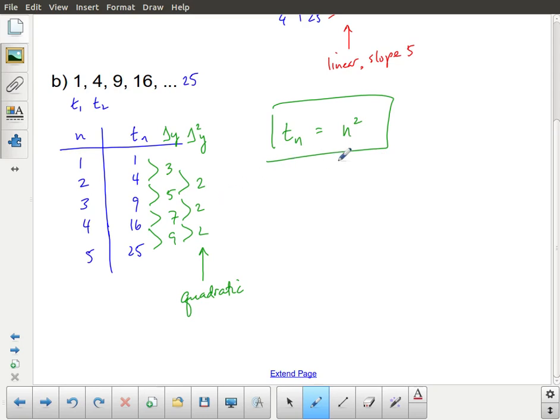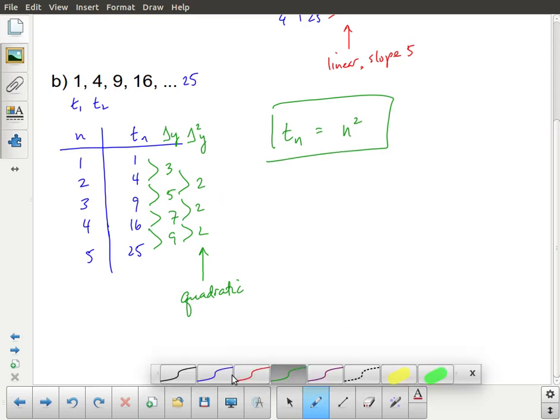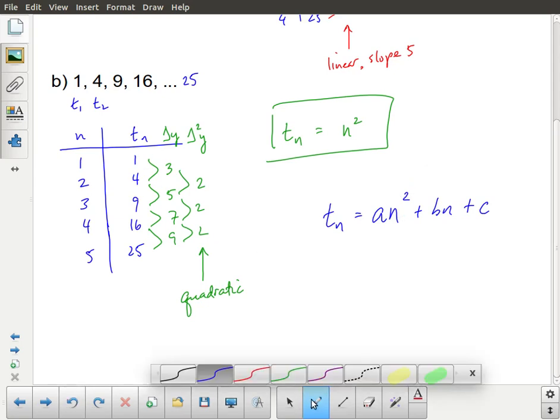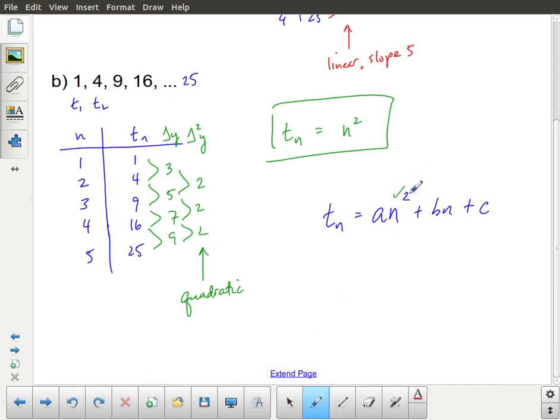It can actually get quite a bit more complicated, because you could have a Tn in the form of a quadratic equation, an squared plus bn plus c. We get the squared part from the fact that it's quadratic, so it's pretty simple to recognize this part. And it's fairly simple if you've just got a c.